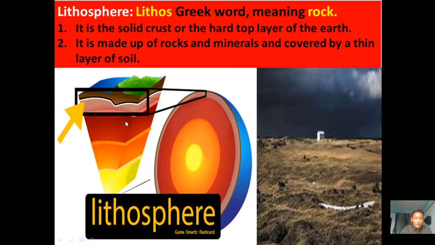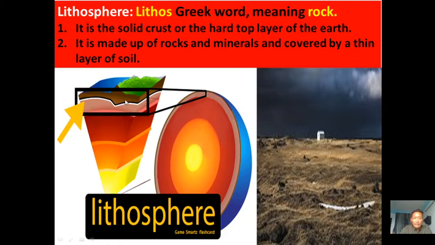These are the layers of our earth, and the topmost layer, the solid hard crust, is called the lithosphere. This lithosphere is made up of different types of rocks: metamorphic, sedimentary and igneous, and minerals.